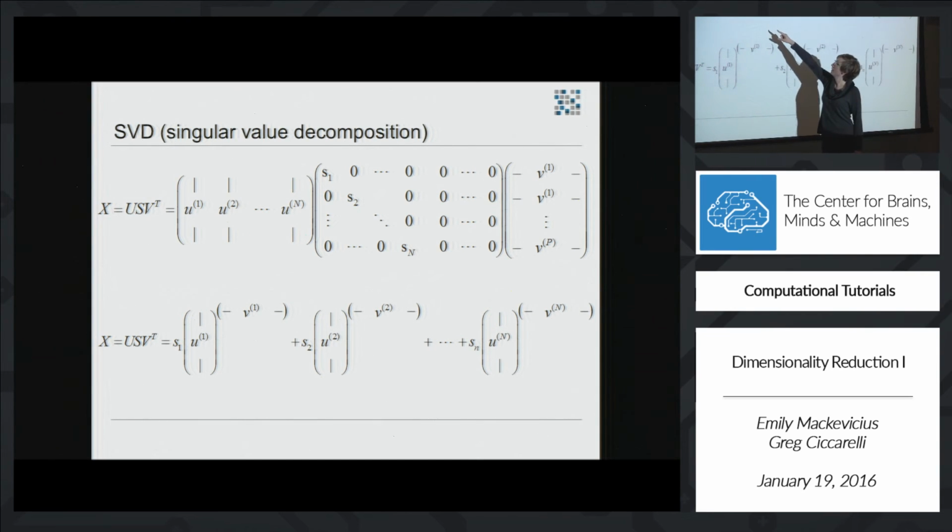The first one will be your time step basis. The next one will be just your eigenvectors. And the third one will be your trial basis. And so another way of rewriting this is that your original matrix is just a sum of new matrices, which are the first U and the first V. So the U is the first time step principal component, and the V is the first trial principal component.